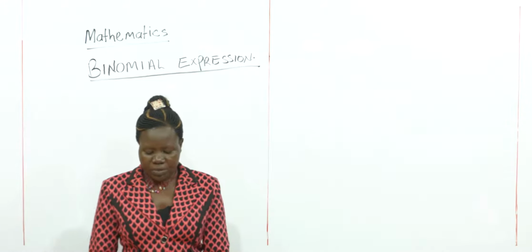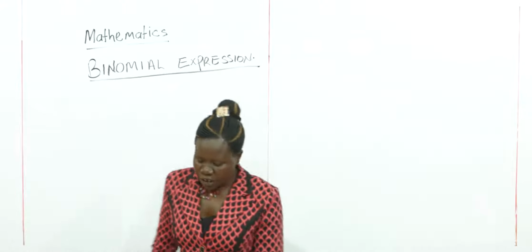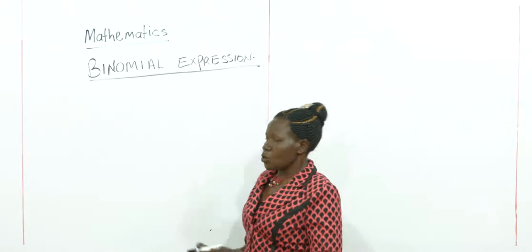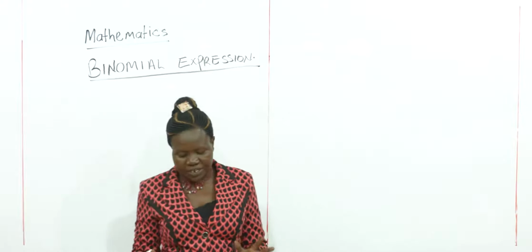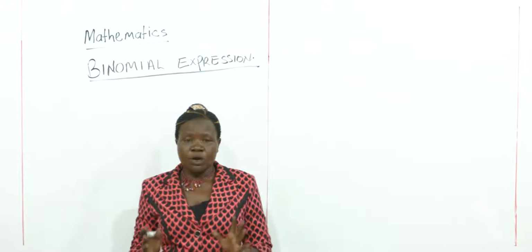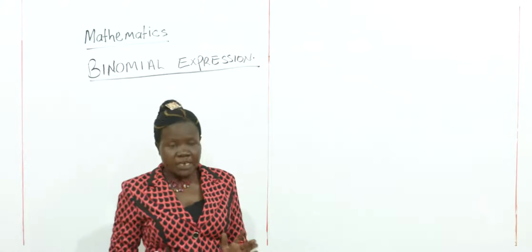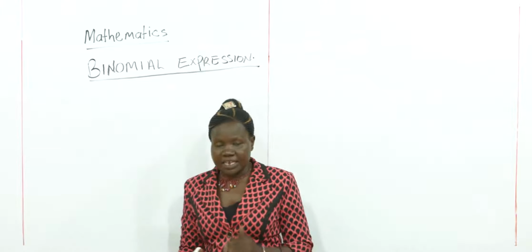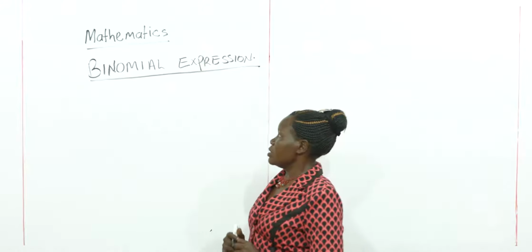A binomial expression, bi means simply 2. So this is where we are going to deal with two algebraic quantities, and you find that the sum of the terms is raised by a certain power.